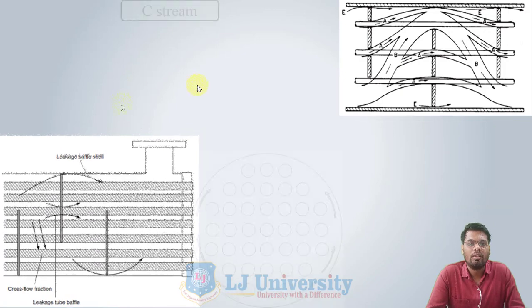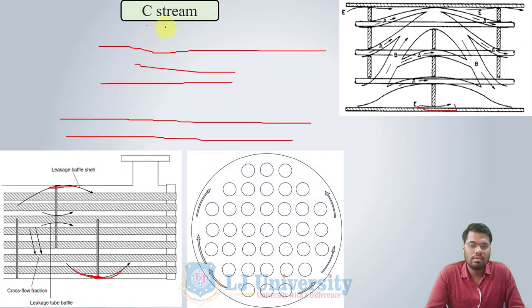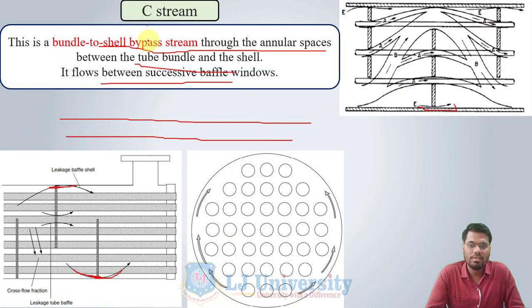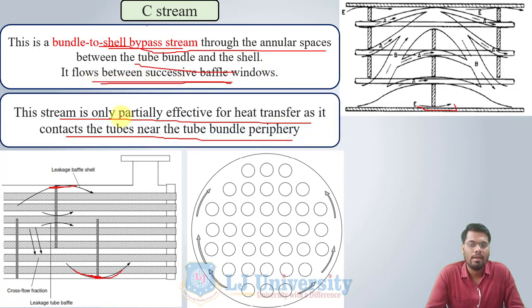Okay. Next one is stream C. So what is stream C? This is the bundle to shell bypass stream through the annular space between the tube bundle and the shell. It flows between the successive baffle windows. This stream is only partially effective for heat transfer as it is in contact with the tubes near the tube bundle periphery, as we have discussed earlier in our previous slide.